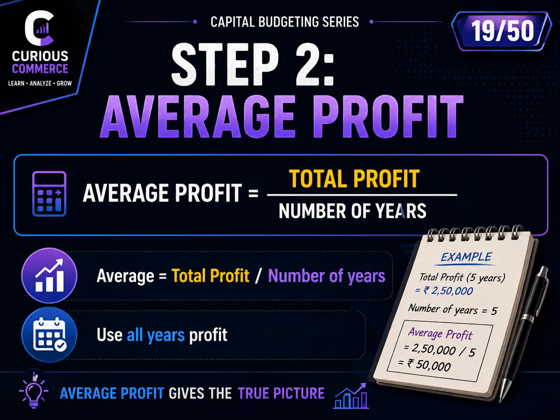Then divide by number of years. That gives average profit. One important exam tip: do not use only 1 year profit. Use all years profit unless question specifically says otherwise. Average profit gives a balanced profitability measure for the entire project life. That is why ARR is called average accounting rate of return.